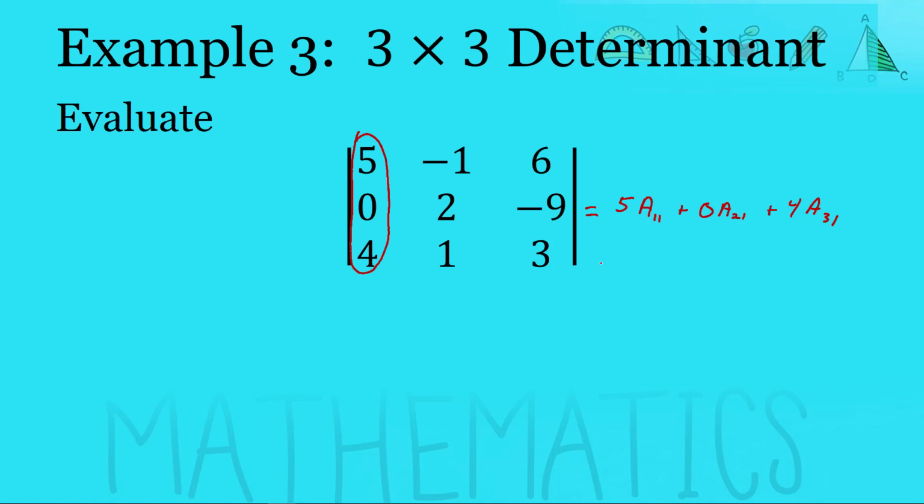Now, this would also be equal to negative 4 times the cofactor associated with A31 plus 1 times the cofactor associated with A32 plus 3 times the cofactor associated with A33.